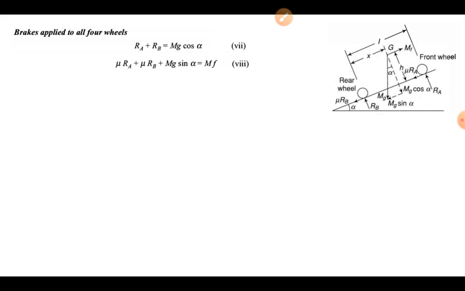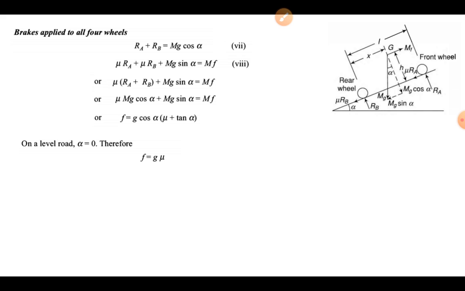See here, now Ra and Rb both are considered, okay. So mu Ra plus mu Rb plus mg sin alpha, which is acting downwards, is equal to m f, that is the mass into retardation of the vehicle, okay. Now after solving this, you will get the value of retardation force, right?